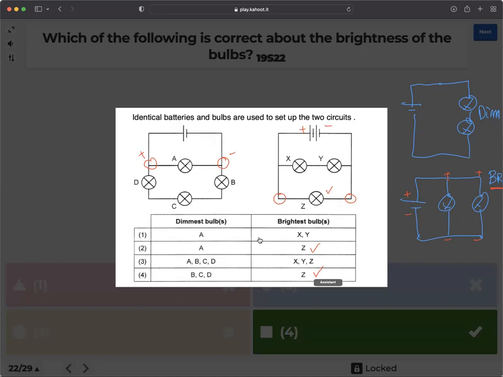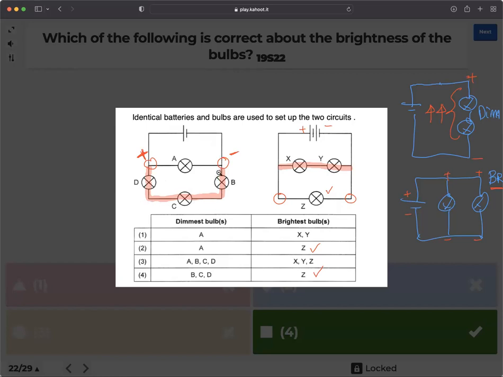And then the dimmest is where the plus and minus has a lot of bulbs. So can you see here? This is the plus, this is the minus. Can you see the plus and minus here? Got 3 bulbs. Okay, this plus and minus only got 2 bulbs.